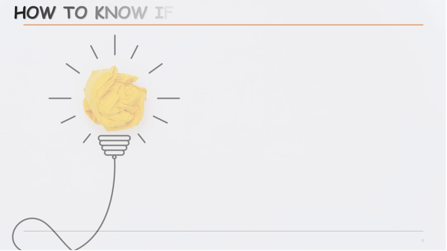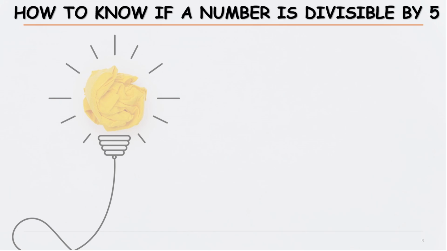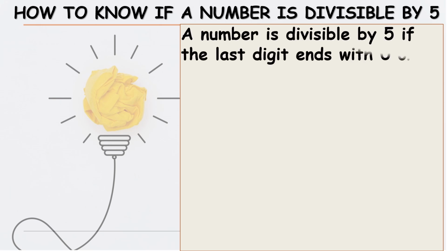We'll move to the next, which is 5. This is very simple. When you have a number that ends with a 0 or 5, it is divisible by 5.